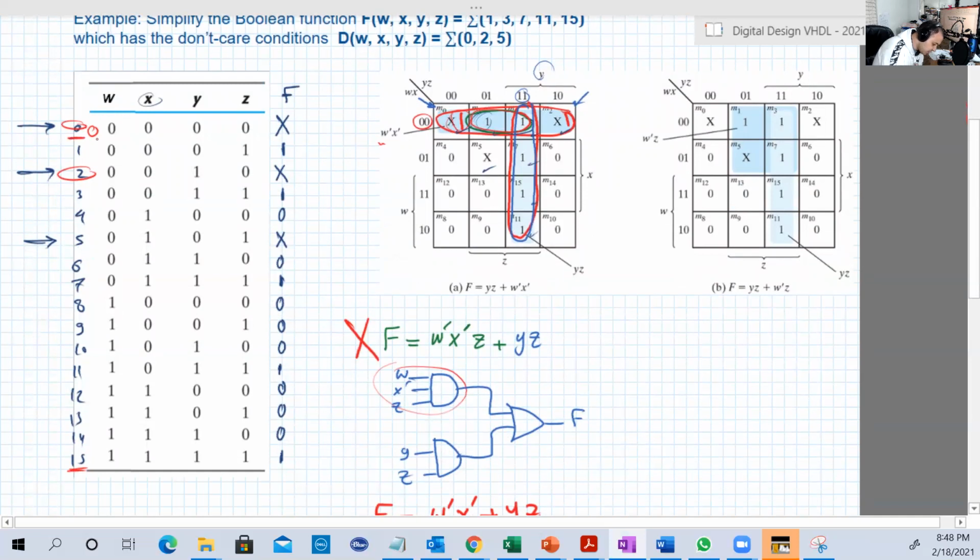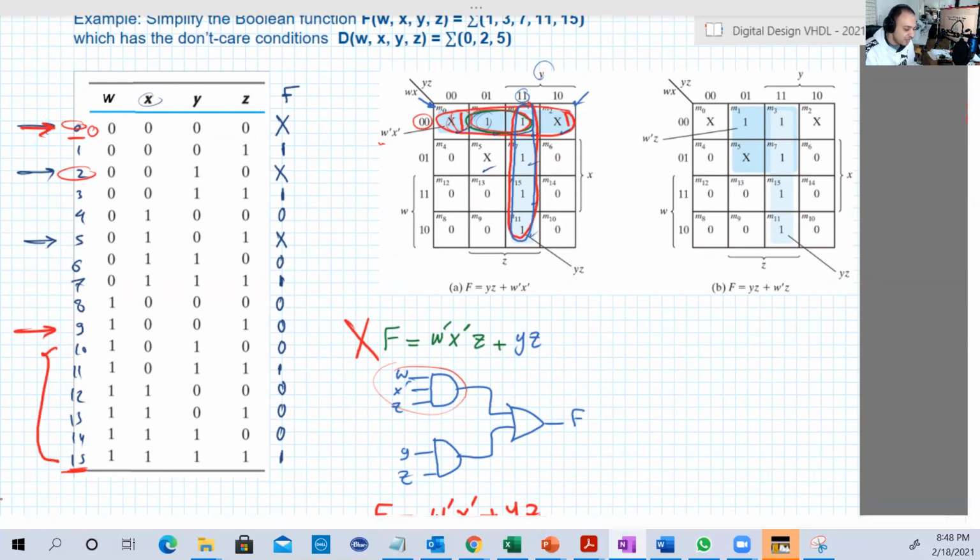This is 0, this is 15. But the BCD counter is a decimal counter. So it counts only from 0 to 9. And you don't care about this. So there are many practical applications that have don't cares.